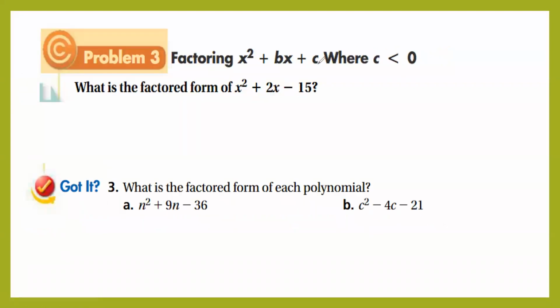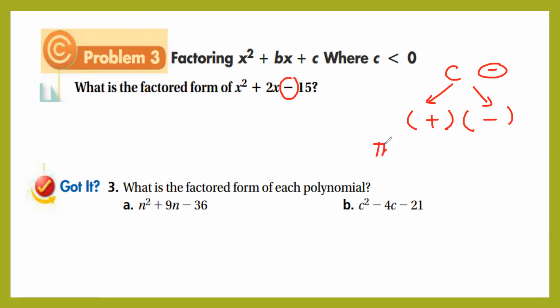Here we have another operation. C now is negative. So we said together, if C is negative, let's go back to the rule of the second part. If C is negative, it means I have two parentheses. One parenthesis is positive, the other one is negative, right?